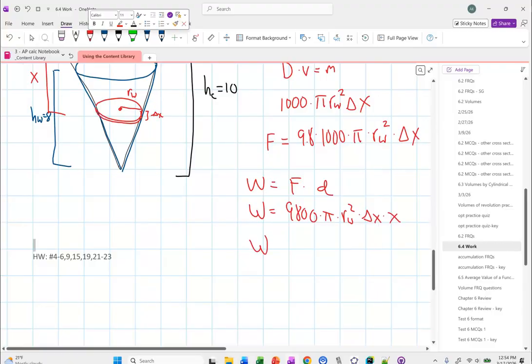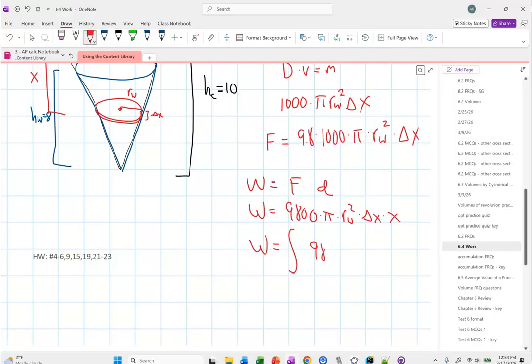So we're going to be then doing the integral of, let's do, where that delta x is going to become my dx.